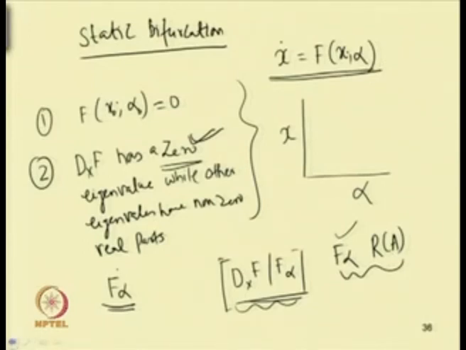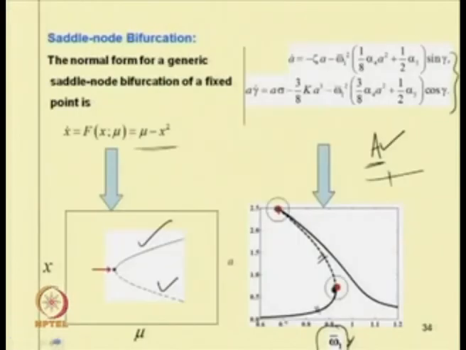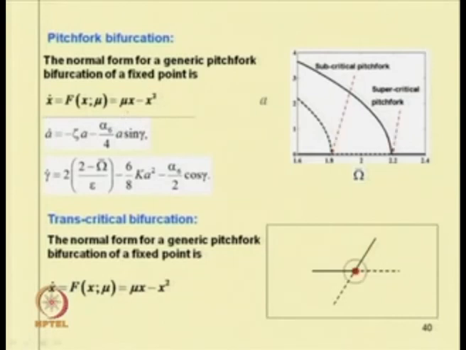Let us see the generic form of the pitchfork bifurcation point. The generic form is x dot equal to mu x minus x square.